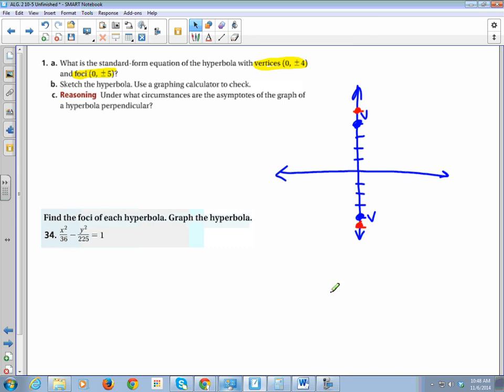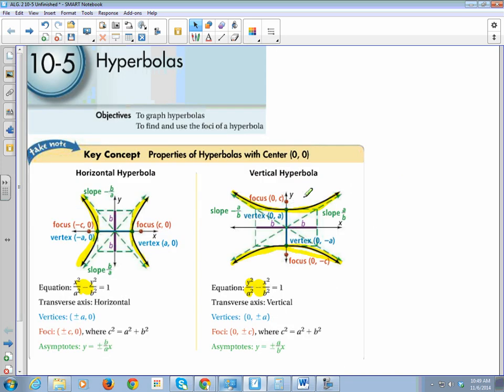So we're going to open around the foci, because remember we would like to hug our foci. So this is a vertical hyperbola, so we're going to be using this equation: y squared over a squared minus x squared over b squared equals 1.